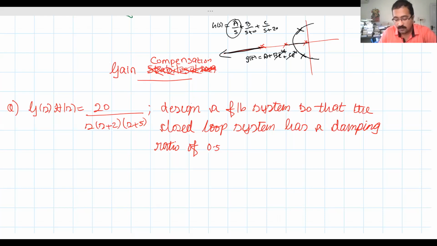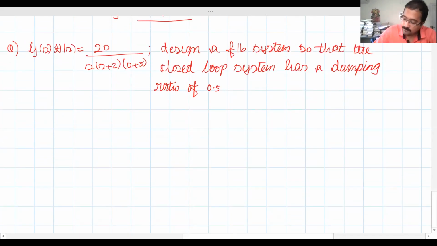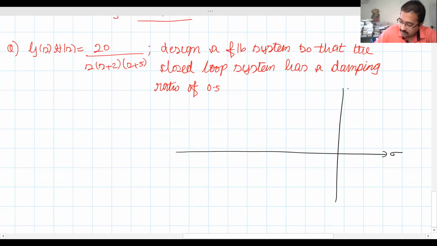So it means that we have to first find the dominant pole pair, because this is a third order system. You cannot apply the transient response specifications as such to a system other than second order. Let us draw the root locus for this. Sigma, j omega.